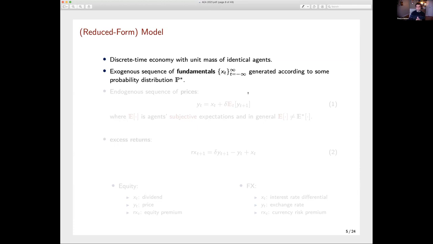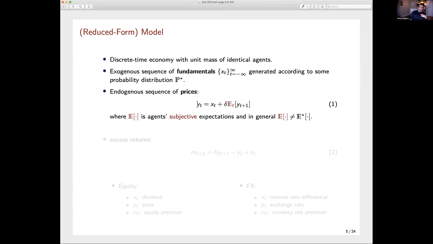We're going to take it as given, but you should think about these p star as being some complex object that's hard to think through. So the agents have to rely on simplified versions of the p star. Okay, so the fundamentals are exogenously distributed according to p star. Then there's an endogenous sequence of prices that satisfy a simple risk neutral no arbitrage condition.